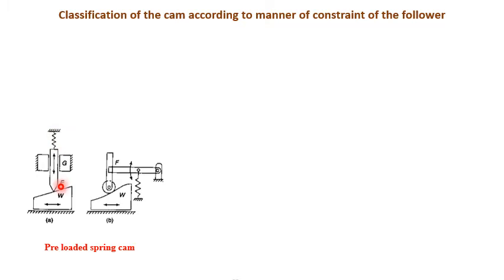Because of this spring, physical contact between the follower and the cam takes place. Here there is a translatory motion, whereas in the second case there is an oscillatory motion. But the contact between the follower and the cam surface takes place due to the presence of the spring. We call such a type of cam a preloaded spring cam.